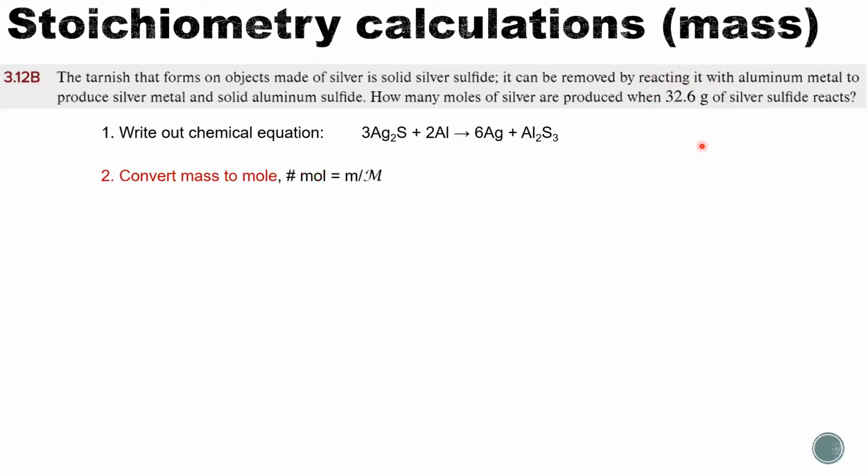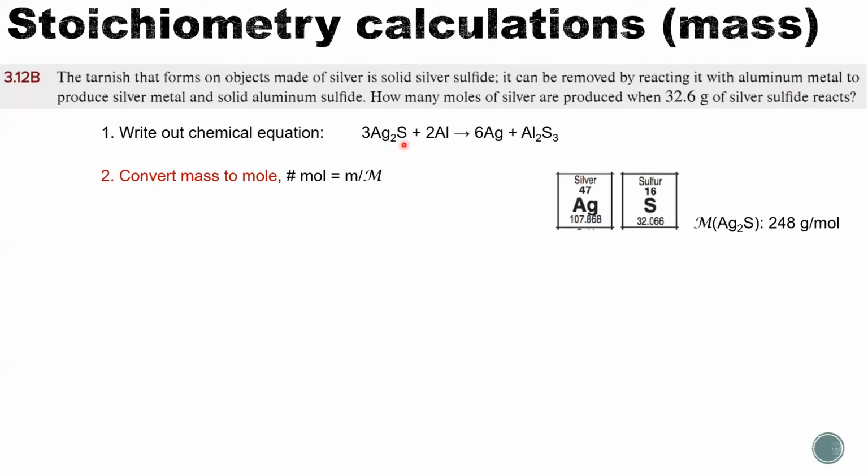So let's do that. Convert mass to moles using this equation. Number of moles equals mass over molar mass. The 32.6 grams refers to silver sulfide. So looking up the periodic table, we can get the molar mass of silver sulfide is 248 grams per mole.